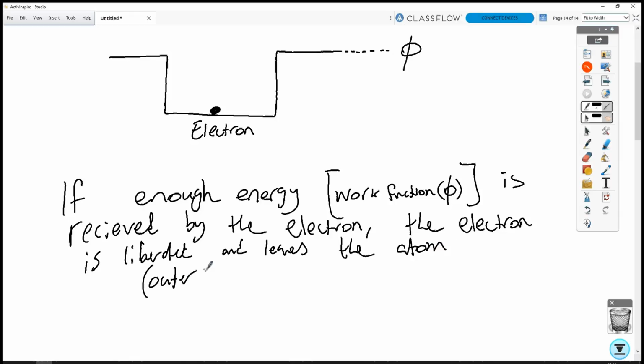And most of the time we're talking about outer shell electrons. Inner shell ones can also be liberated, but it takes a lot more energy for that to happen. And also, when photons are incident on an atom, they're more likely to be incident on the outer shell ones first than they are on the inner shell atoms.